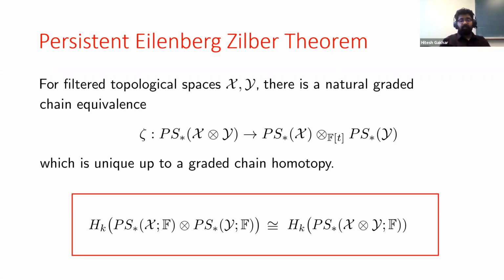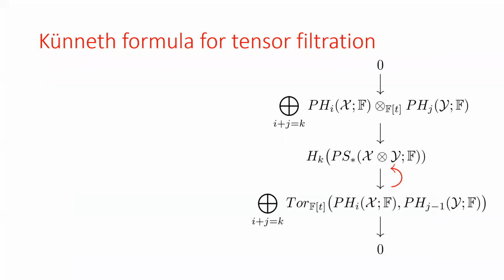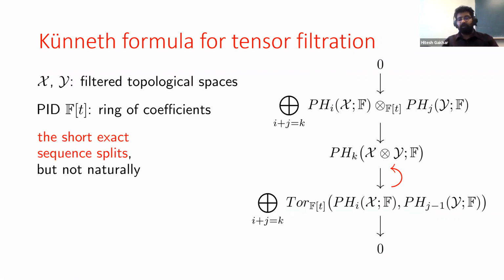That tells us that the homology of the persistent chain complex of this tensor product and the homology of this graded tensor product of the persistent chain complexes are isomorphic, and that allows us to replace the middle term with the other term. And again, this is the homology of a persistent chain complex, so it becomes the persistent homology of X tensor Y. That is the result we wanted.